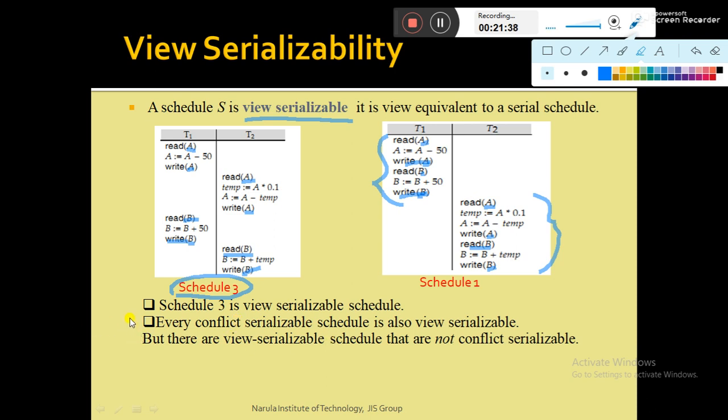Another very notable point: every conflict serializable schedule is also view serializable. Means if a schedule is conflict serializable, then the schedule is also view serializable. But there are view serializable schedules that are not conflict serializable. Means if a schedule is view serializable, we cannot straight away say that it is also conflict serializable. This is not the case.